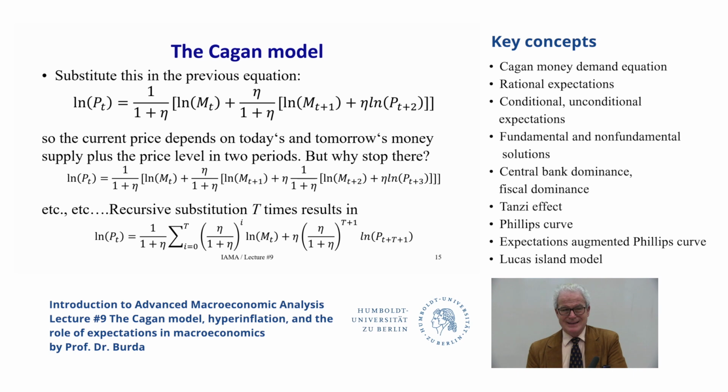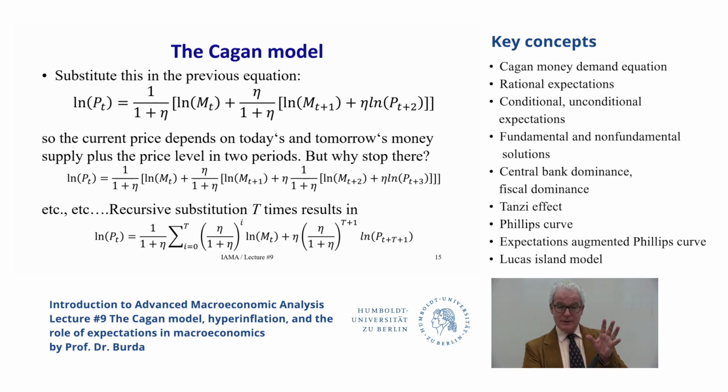So it's like a discount factor. It functions like a discount factor because the weights are declining geometrically as the power of time. And then you've got this leading term, which is the price level in T plus 1.